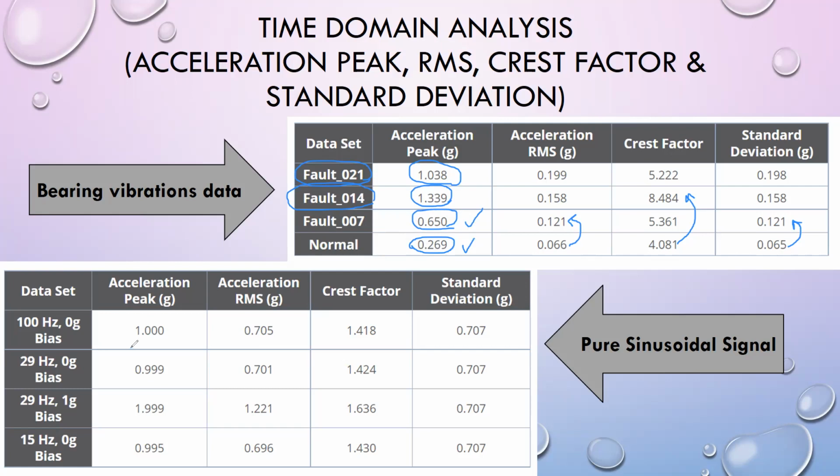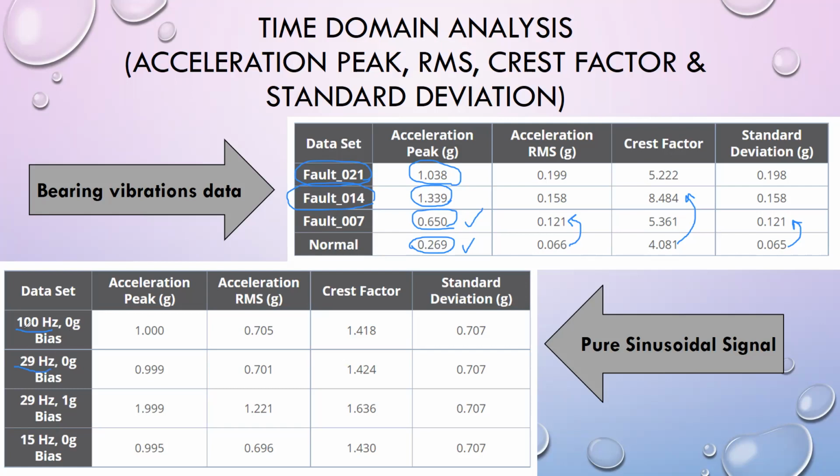But here, for the pure sinusoidal signal, again, we extract the results. You can see we have acceleration peak for the signal with 100 hertz and without any bias or DC offset, 20 hertz.